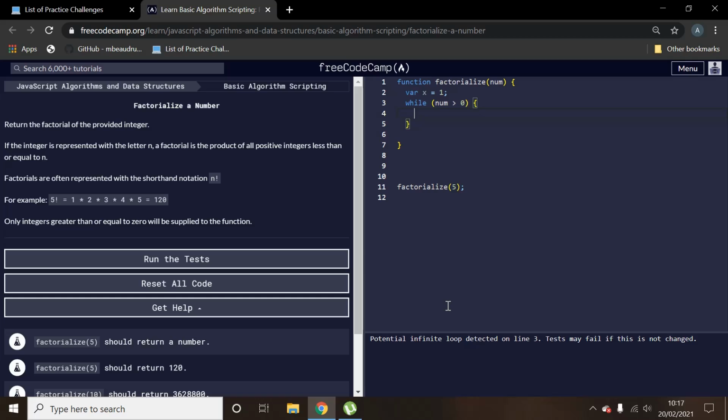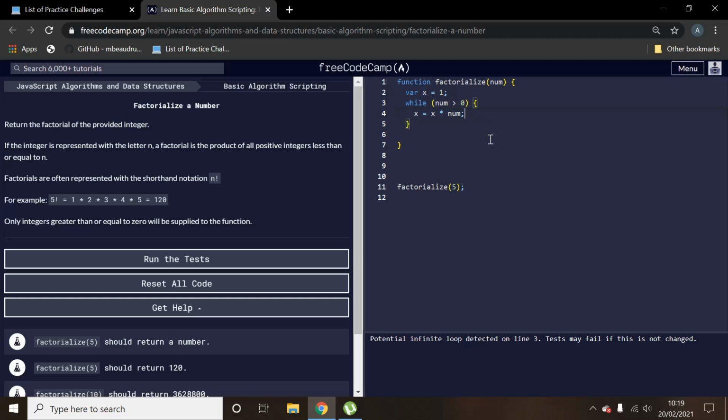And then I say x is equal to x multiplied by num. Okay, we say x is equal to x multiplied by num. So the initial value of x is 1. The new value of x is going to be x multiplied by num. So if num is 5, it will be 1 multiplied by 5.